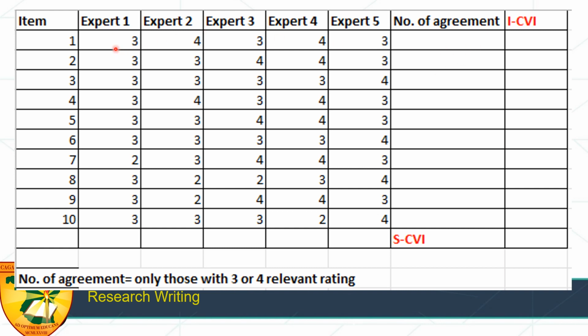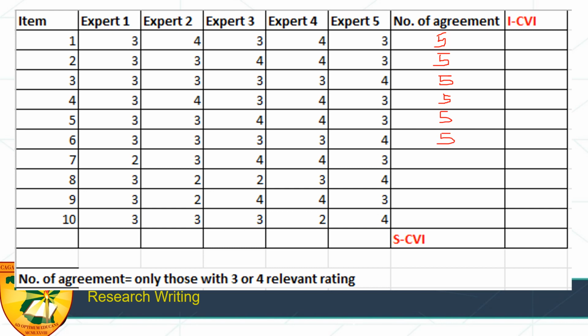So you can see here for item number 1, all of them have a relevant rating: 3, 4, 3, 4, 3. So we put here 5. For number 2, same: 3, 3, 4, 4, 3, so 5. For number 3, 5 as well. Same for number 4, number 5, number 6.